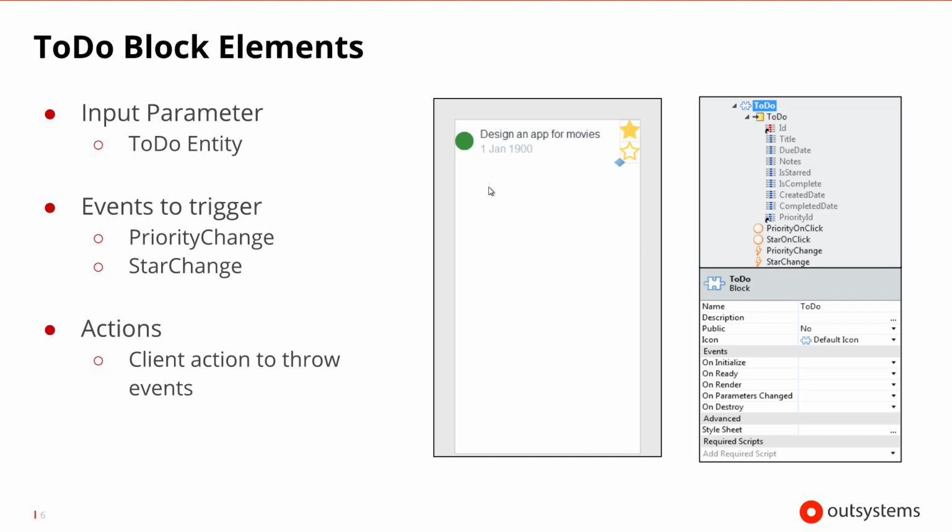And this is because people may be able to click on our priority or click on the stars and change whether or not they think it's a starred to-do and what the priority of that to-do should be. When they change these, it will throw the event. Now, these events are defined here, but to be able to throw that event, when we actually click on a star, the star will have the star on click action, and inside of this action, we could go ahead and throw that particular type of event.